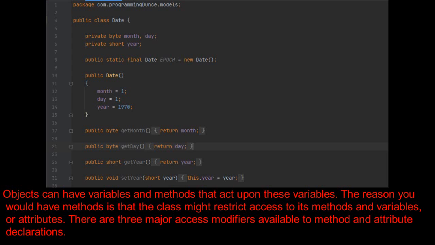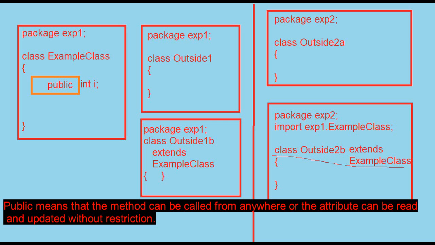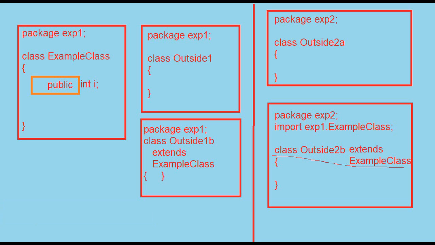Objects can have variables and methods that act upon these variables. The reason you would have methods is that the class might restrict access to its methods and variables or attributes. There are three major access modifiers available to method and attribute declarations. Public means that the method can be called from anywhere or the attribute can be read and updated without restriction.